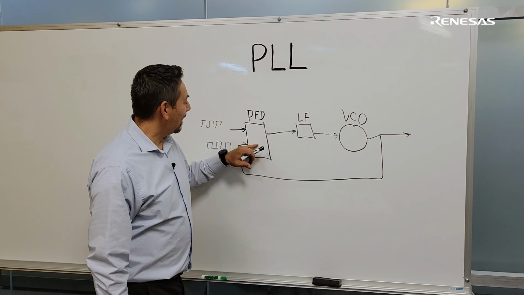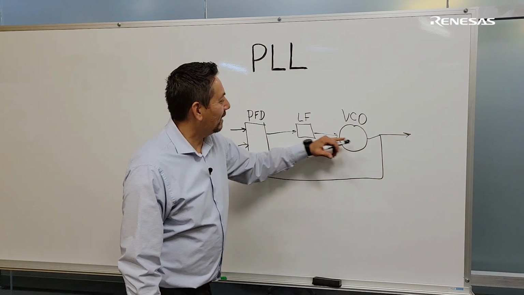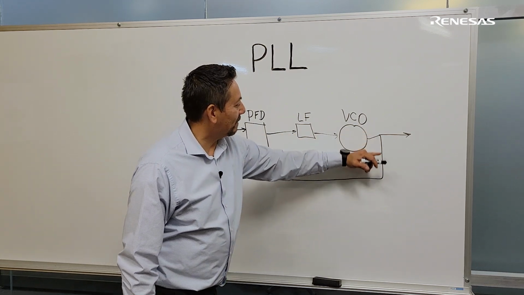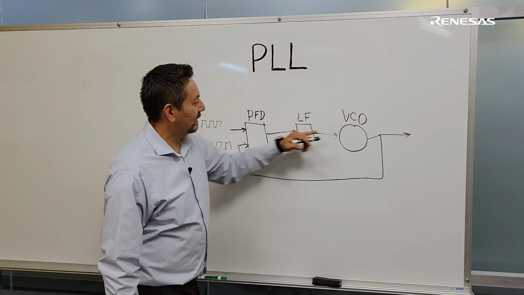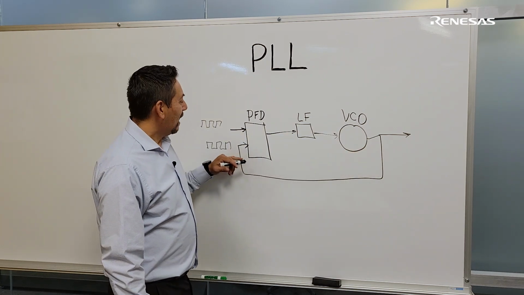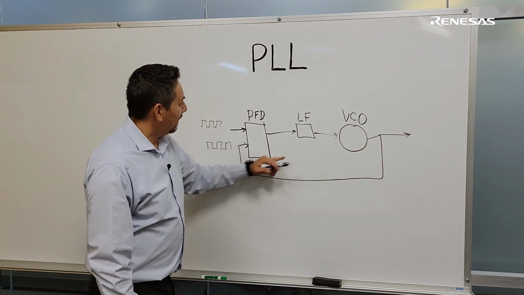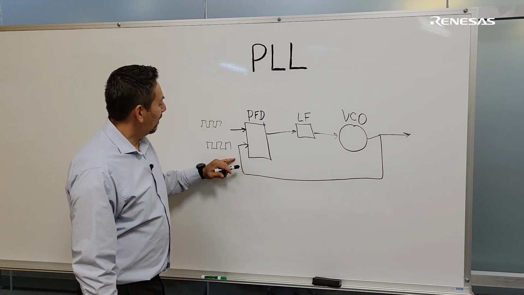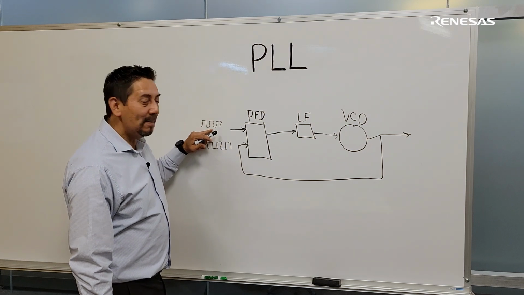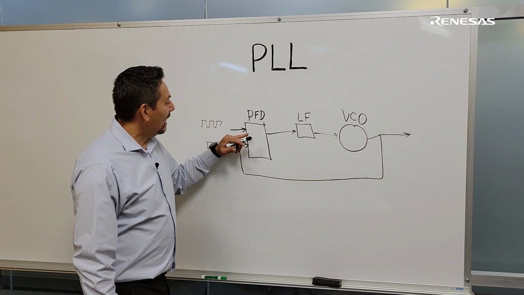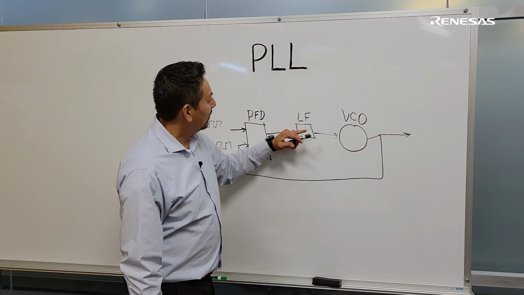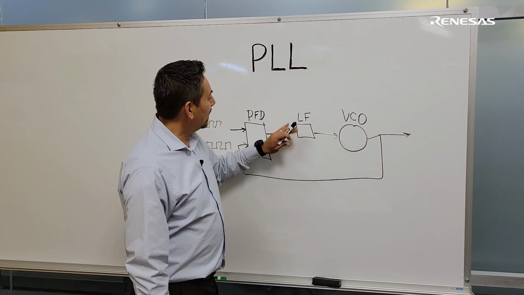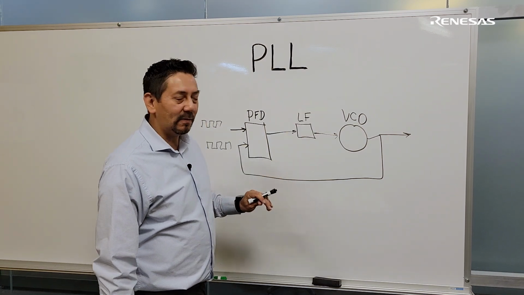So this phase detector is constantly monitoring, just like a cruise control system, how fast is this loop running. If it detects that the loop is running too slow in comparison to the input reference, then it sends information to the VCO. So let's skip the loop filter for now.